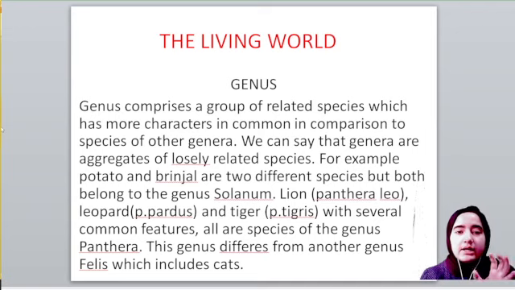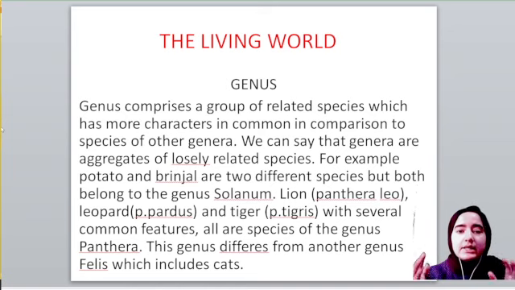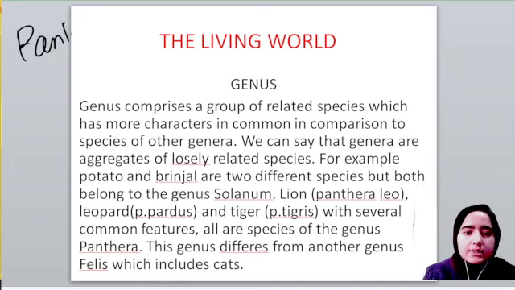Lion, tiger and leopard have fundamental similarities compared to, say, species of elephant or species of giraffe, which are different. That's why lion, tiger and leopard come in a common genus known as Panthera.